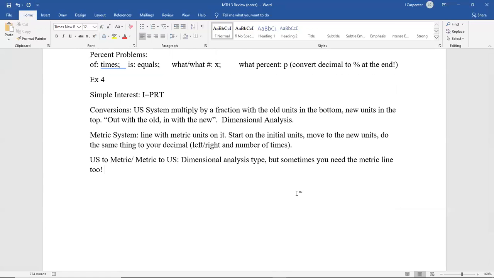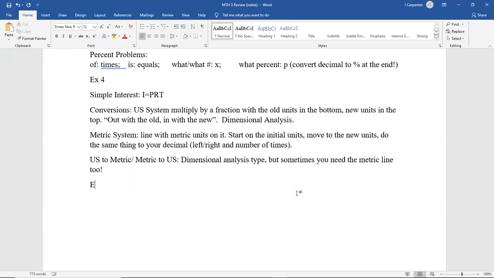So for example, on our formula sheet, we know that, hold on, I gotta pull up one. Well, I know one off the top of my head. 1 inch is 2.54 centimeters. But what if I wanted you to go from inches to meters? So you'd have to use the fraction multiplier to go from inches to centimeters, and then you would use the metric line to move the decimal place to get to meters, which would end up being twice to the left.